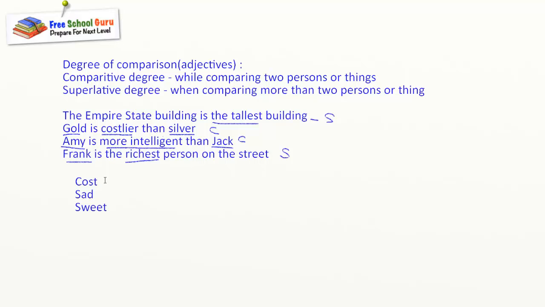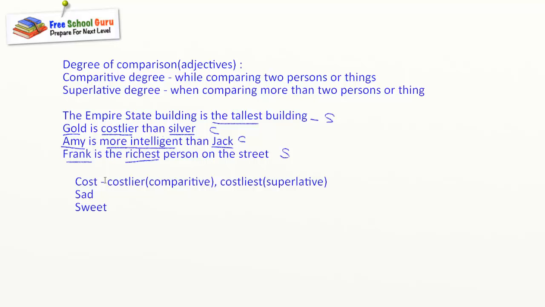Now if we were to add comparative degree to this, cost becomes costlier, right? This becomes your comparative degree. Okay, and what will be the superlative? Costliest. That becomes your superlative degree.